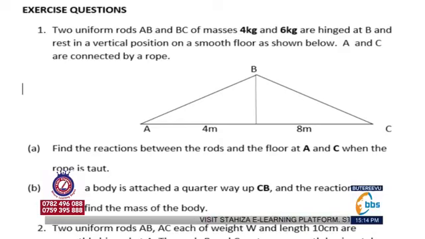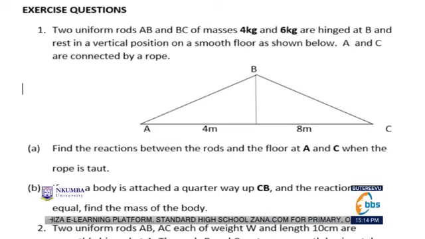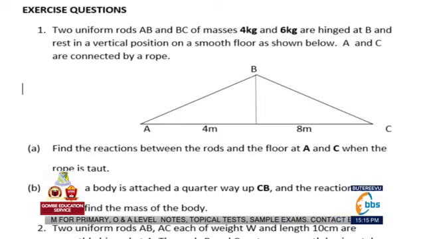We have said that we have two cases: a case where we consider equilibrium before separation and equilibrium after separation. This is equilibrium before separation. This is equilibrium after separation. Now, the question is telling us to find the reactions between the rods and the floor at A and C.